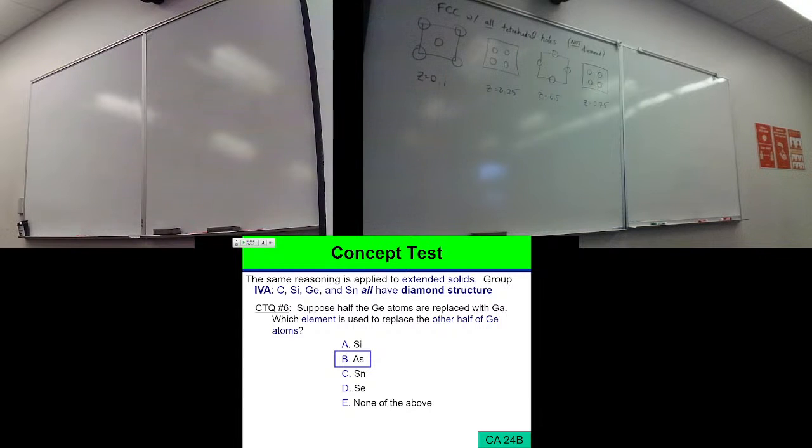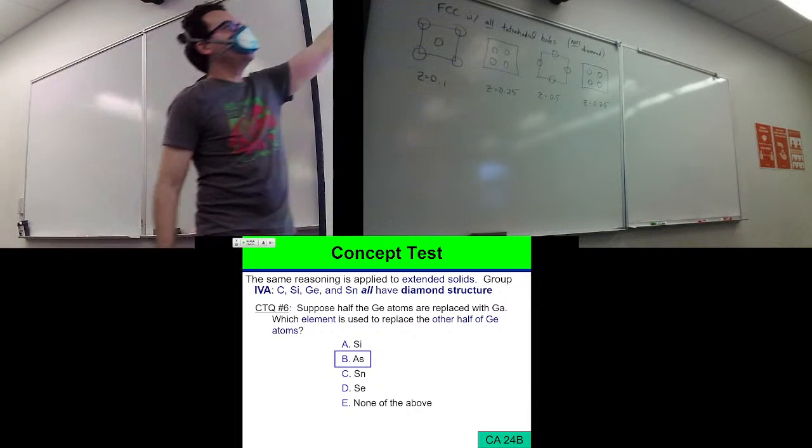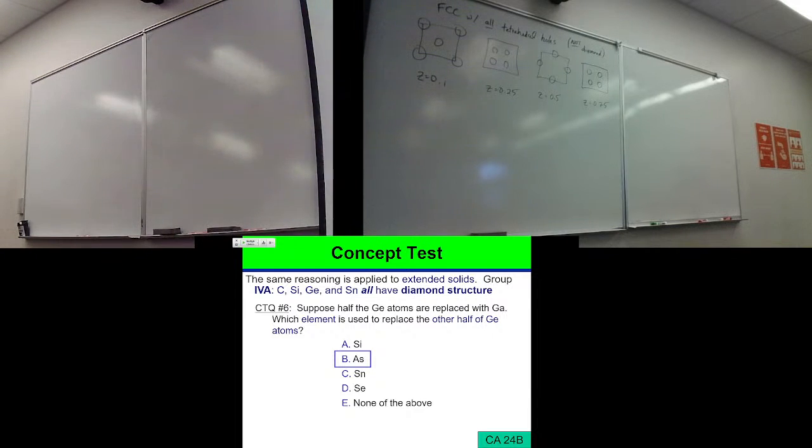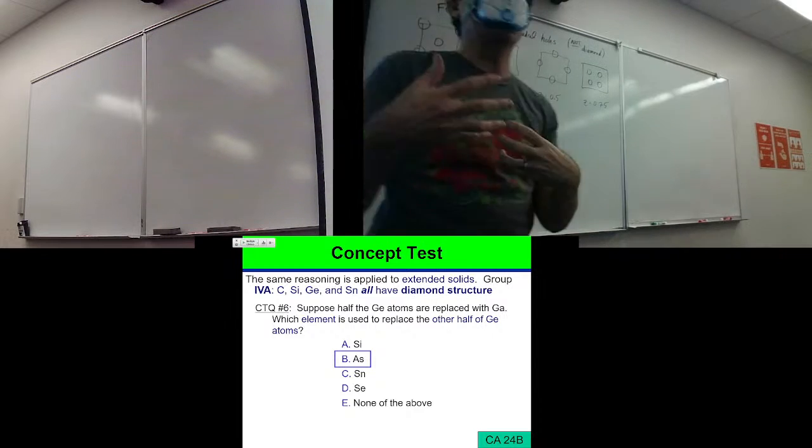And the other half would have to average out to 4 still, so it would have to be arsenic, which has 1 extra valence electron versus germanium. Again, the key is these diamond structures are happening because everything has 4 valence electrons, and everything makes tetrahedral arrangements, 4 bonds. So to continue with that, everything still has to have, on average, 4 valence electrons.